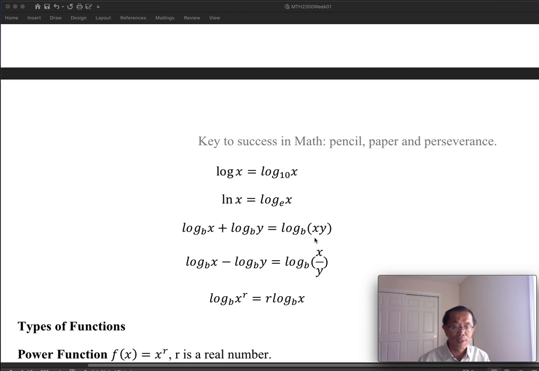Would it make sense to you? In a rough way, not precisely, we could use a logarithm to convert multiplication into addition. And similarly, we could use a logarithm to convert division into subtraction. Actually, these two observations are very important.